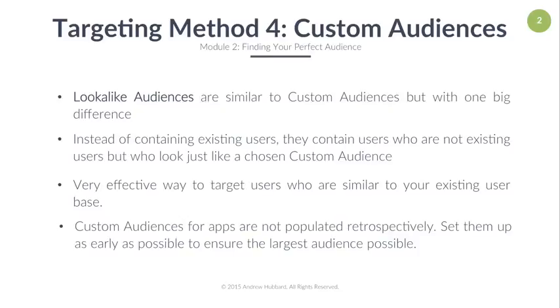Only people who install your app after you create that custom audience will be added to it. So I recommend to everybody who's running Facebook ads, get the Facebook SDK into your app as soon as you can, and then head into the Power Editor and set up some custom audiences. So let's now go across to the Power Editor and I'll show you exactly how to do that.